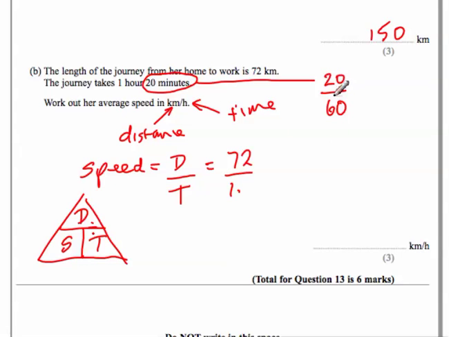Now I can cancel this down and simplify. If I divide by 10 first of all, the zeros will go, and then if I divide both of these by 2, I'm going to get 1 over 3, or a third.